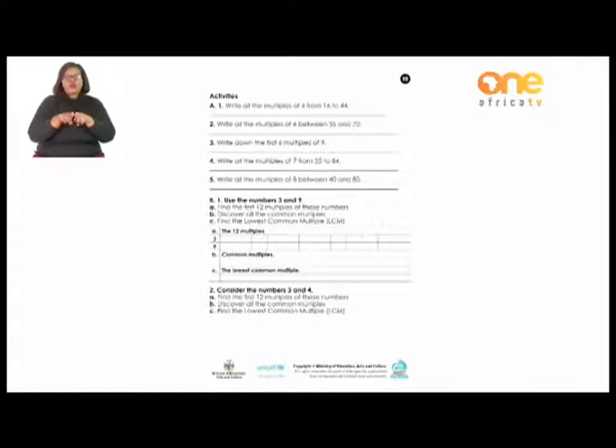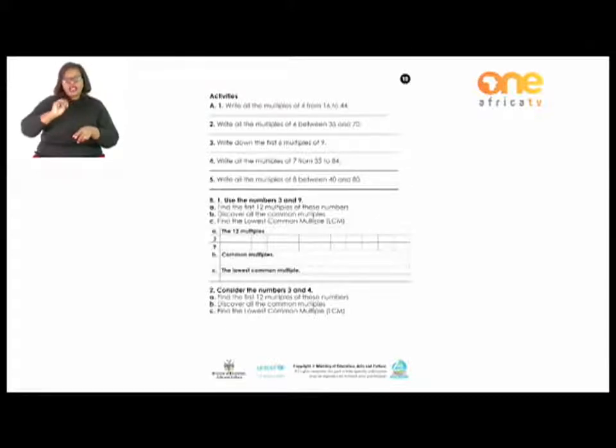In number 2, we have to find the LCM of 3 and 4. Again, find the first 12 multiples of these numbers. B says you have to discover all the common multiples, and C, you are expected to find the lowest common multiple.